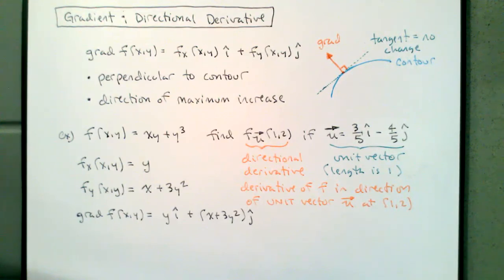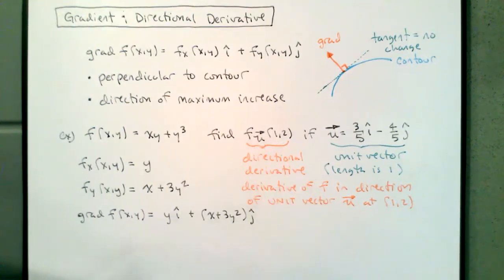So if we think about what we want, we can figure out how we're going to compute this. We want to combine two vectors and come up with a scalar, because the directional derivative should tell us how much the function changes, and the function is a scalar function. That's what the derivative was telling us way back in the day in Calc 1. It'll tell us how much the function increases when x increases by 1.